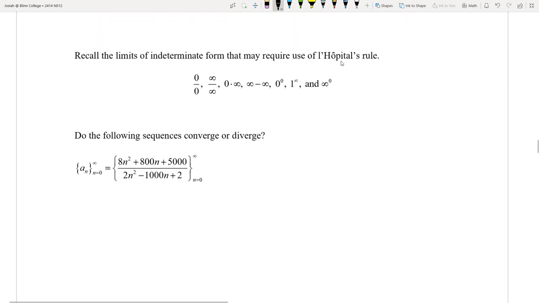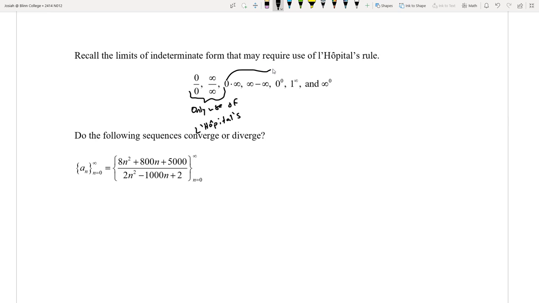So we are going to have to revisit L'Hopital's rule. We're going to be using that a lot here. So remember that the only times that you can actually use L'Hopital's rule are right here. In all of these other cases, there's some sort of modification that has to occur to be able to get into one of these forms. This is the only time, again, that we can use L'Hopital's.